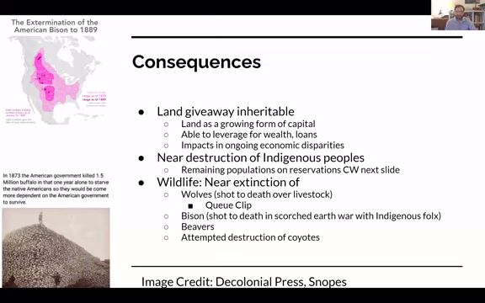The staggering cost in lives of the Homestead Act should be shocking and should be terrifying for us to think about. Other animals that met their doom include beavers, mostly for fur in their case, because it's cold up in this part of the country, and beaver fur is pretty warm.